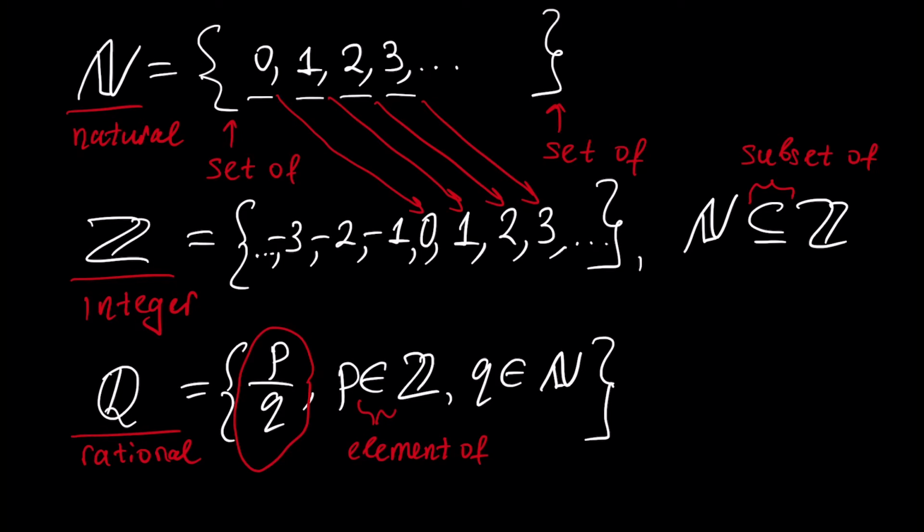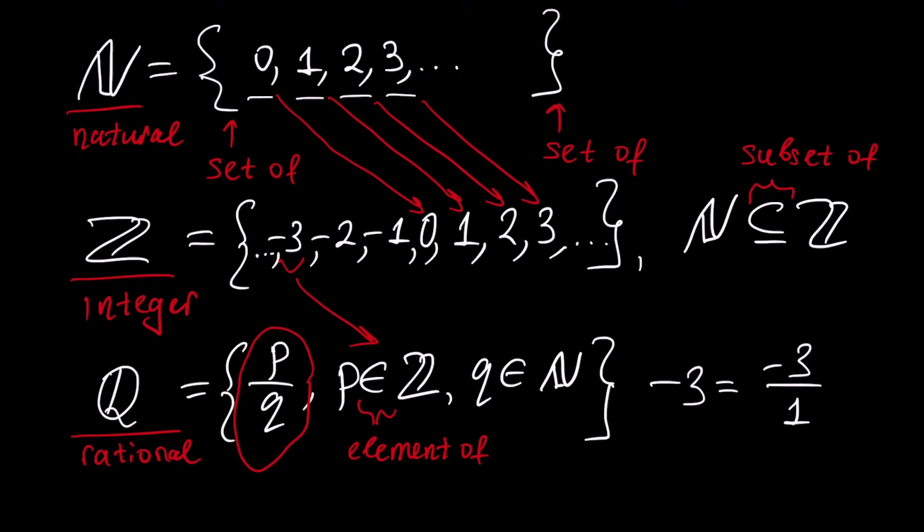From the definition, it's obvious that any element of the set of integer numbers, for example 3, 2 and -1, is inside the set of rational numbers, because we can write -3 as -3 over 1. So this is also a rational number.